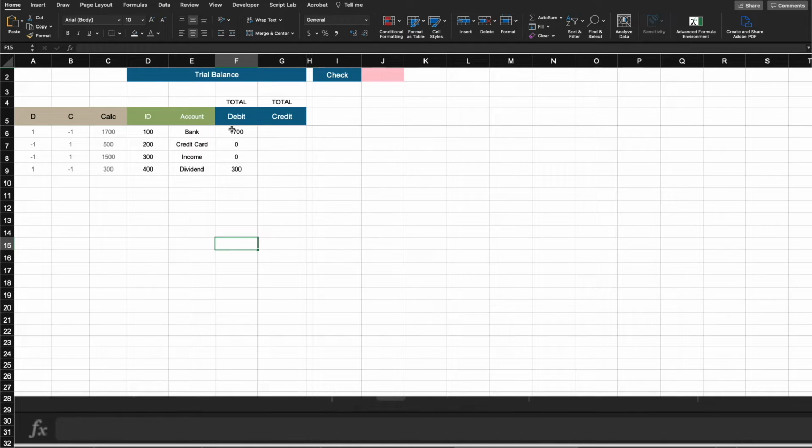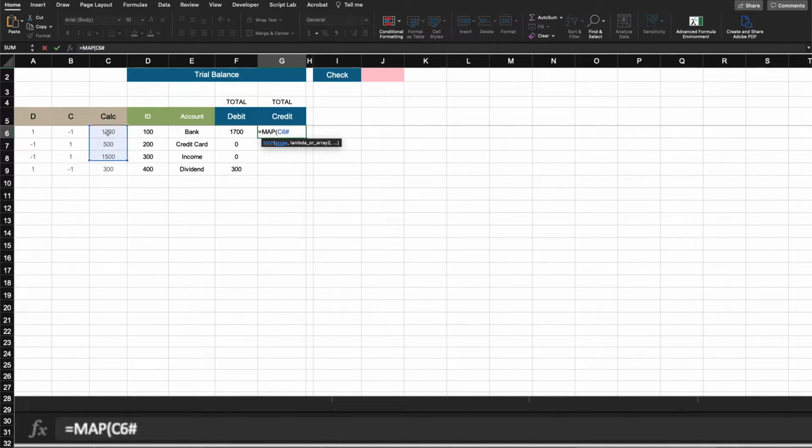Now do the same thing in here. Same function, map, but this time this is our calc array, and this would be our credit array. I'm sorry, that's a credit array. And lambda. Now we provide the two parameters. Let's call it calc and credit, right?